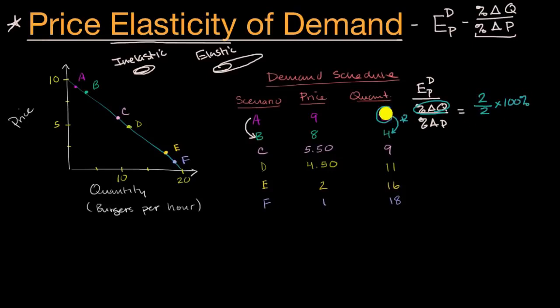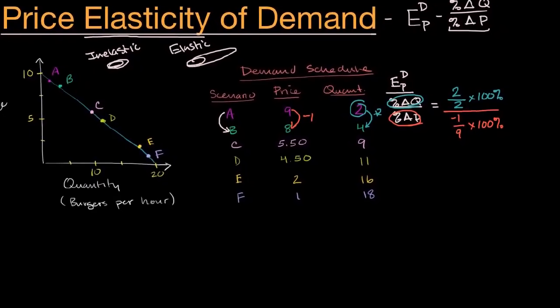This would give us a 100% change in quantity over, now what was the corresponding change in price? Our initial price is 9, and we go from 9 to 8. So we're going down by 1, and then we multiply that times 100%. So this is going to be about a negative 11% change in price.